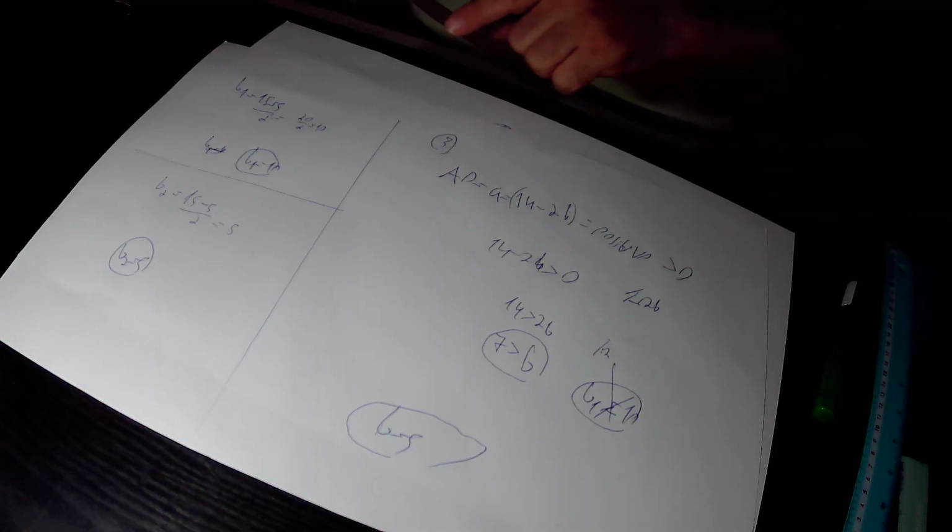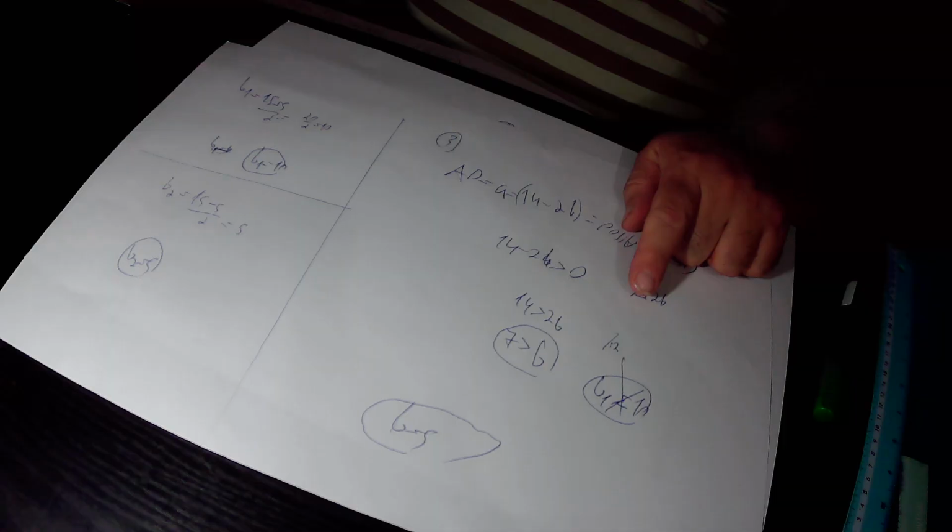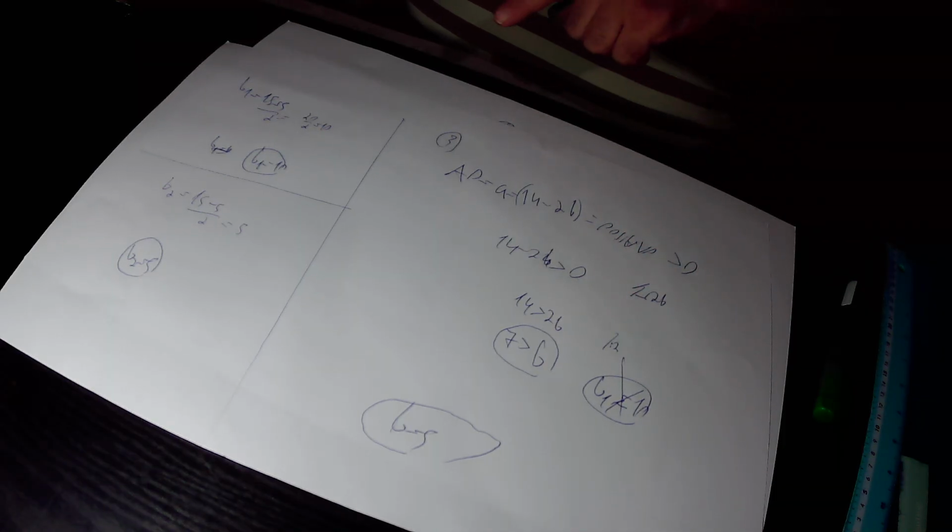But the first solution, b equals 10, is greater than 7. Therefore, this solution is not a correct solution. And we focus on the second possible solution, b equals 5.